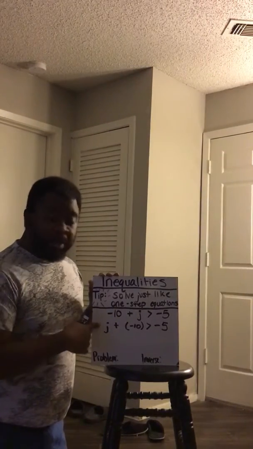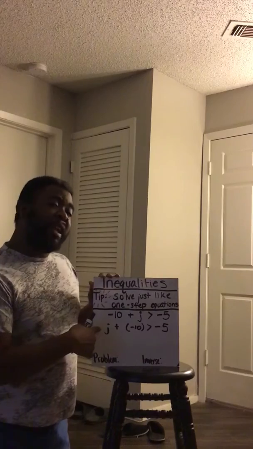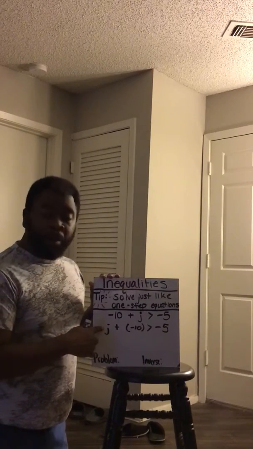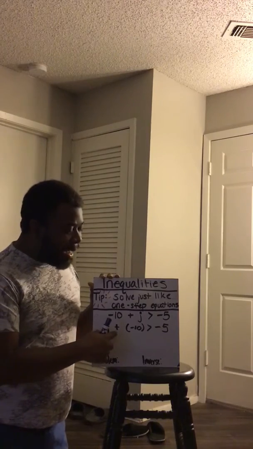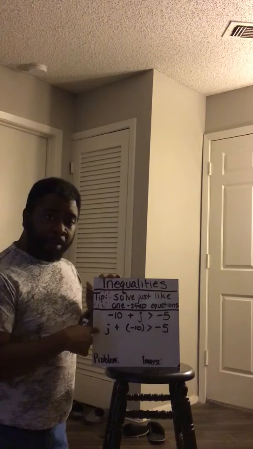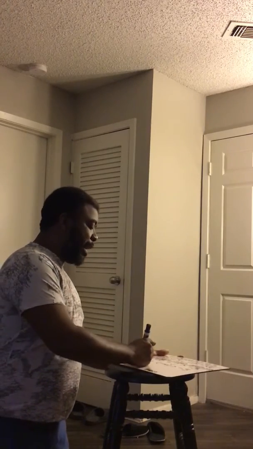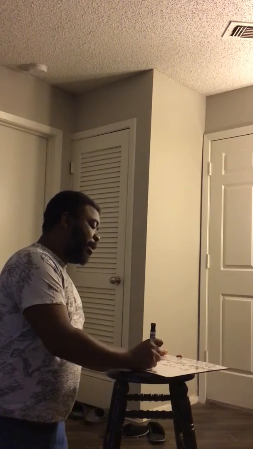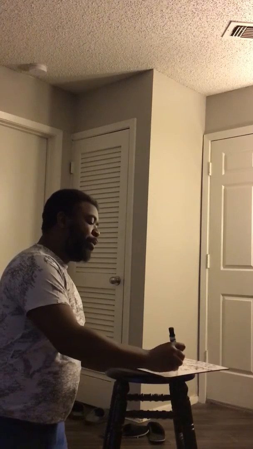So what's good about this problem is that I can rewrite it another way so that that becomes a little more clear. Remember, subtraction is just adding the opposite. So I could rewrite this problem as j minus 10 is greater than negative 5.